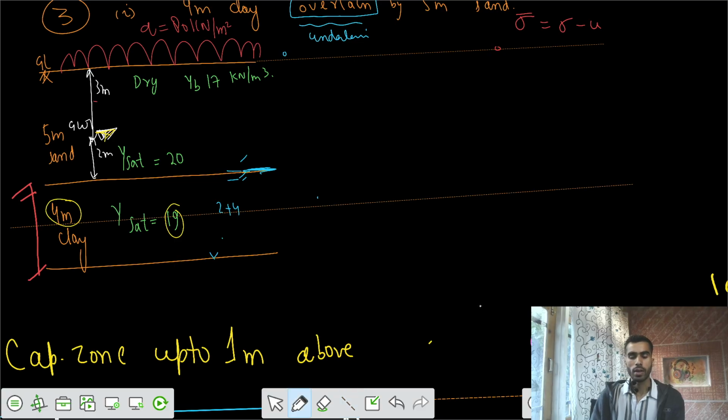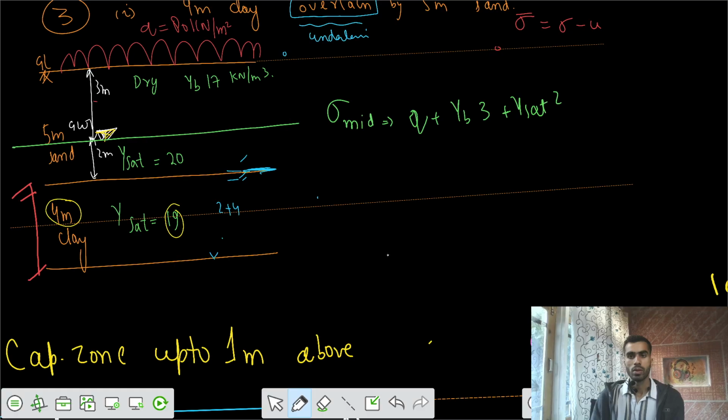So if I calculate directly the effective stress at the mid span, the effective stress would be Q plus gamma bulk into 3, since the groundwater table is somewhere here and this is 3 meters, plus gamma sat into 2 minus gamma W into 2.